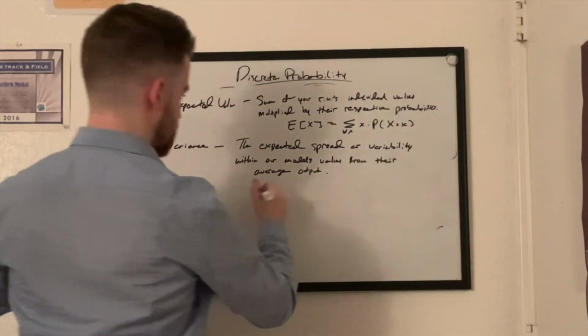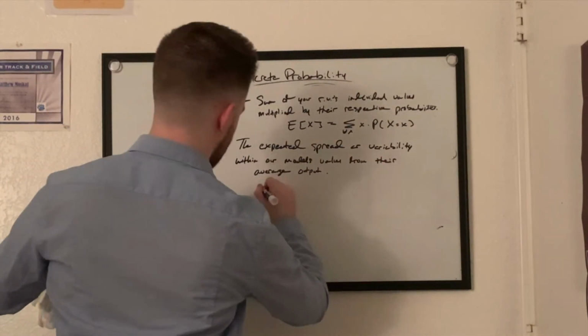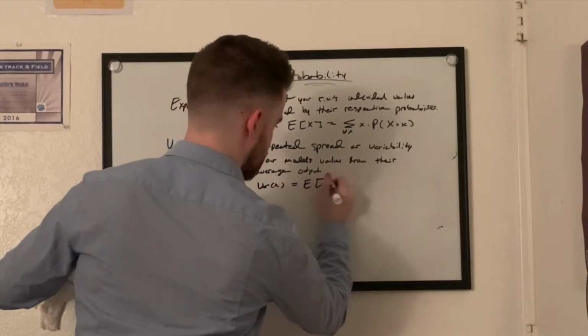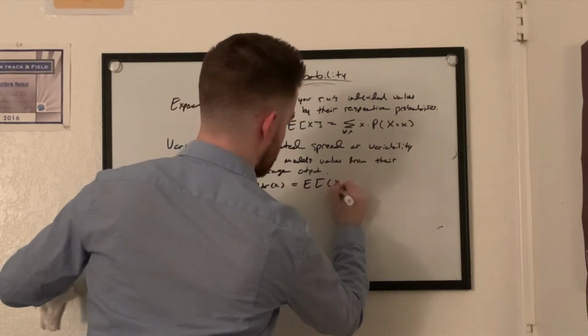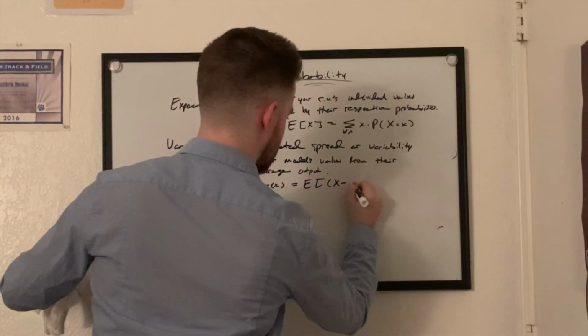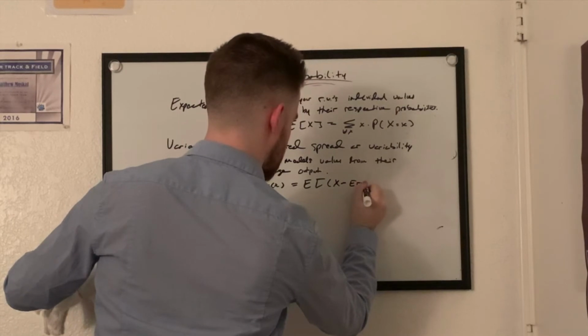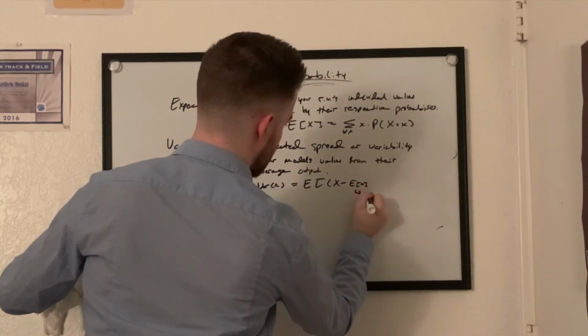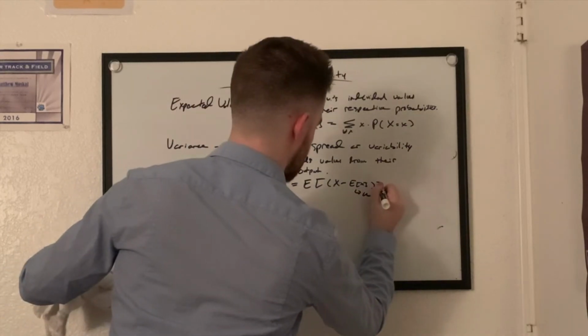Mathematically, it kind of makes sense if you just read it. The variance is equal to the expected value of the amount our model's values, the x, vary from the mean. This is the expected value, or you can also use mu, which a lot of people use, and then this is squared.